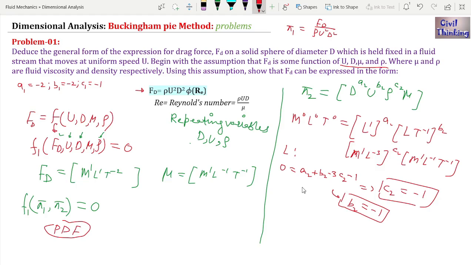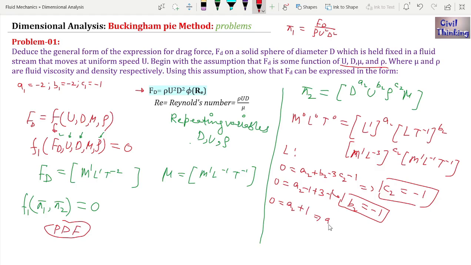So when I put these in, I get 0 equal to a2 plus b2, which is minus 1, minus 3c2. Since c2 is minus 1, it is plus 3, minus 1, so 3 minus 2. So 0 is equal to a2 plus 1.